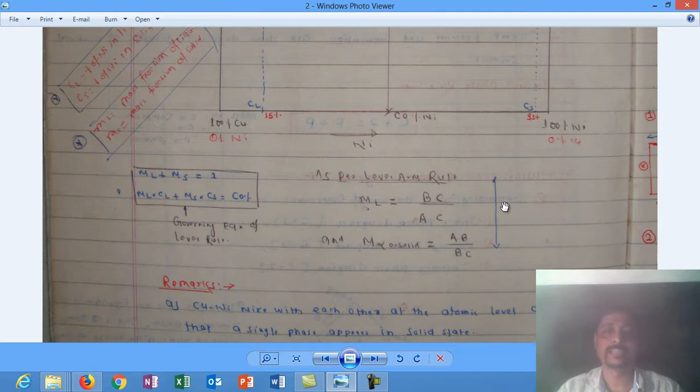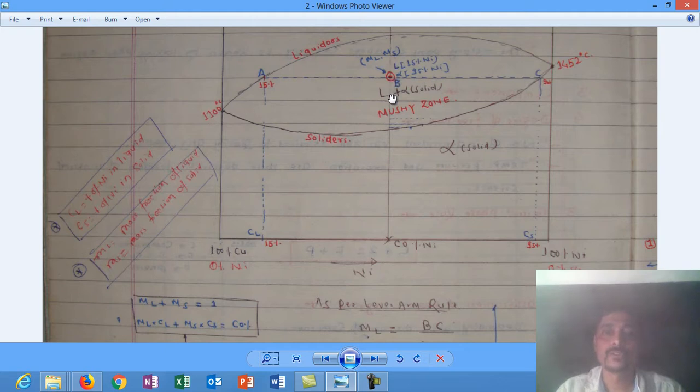So we have to be careful. This is very important and interesting. Suppose you move slightly down at this point. What will happen if you draw the horizontal line? Point A shifts here, and point C shifts here. Let us suppose we are considering this point.